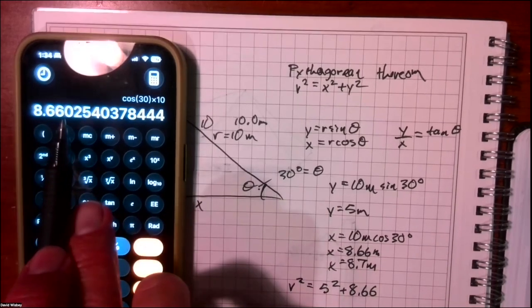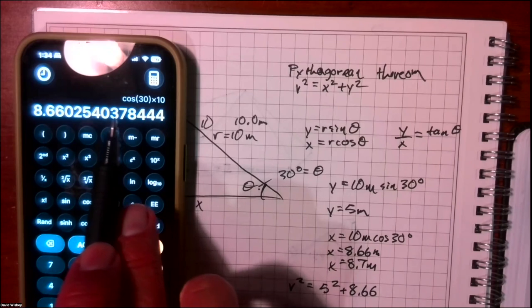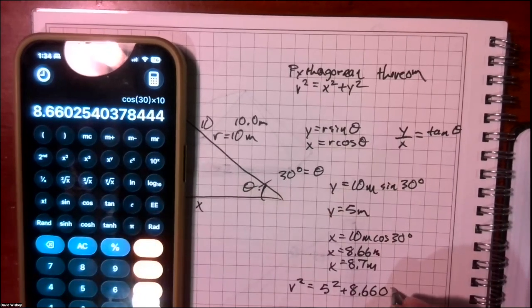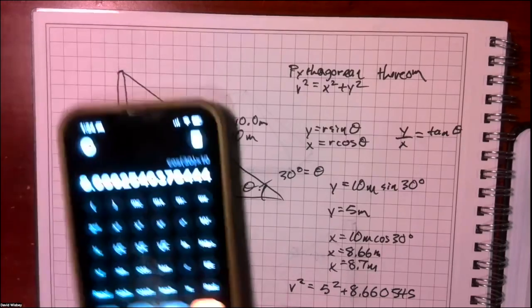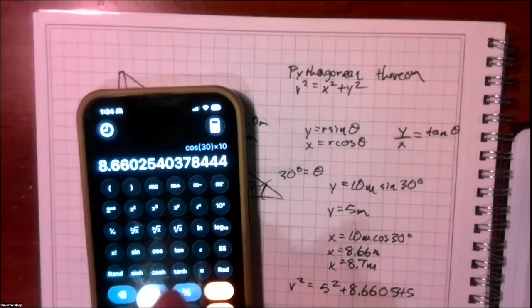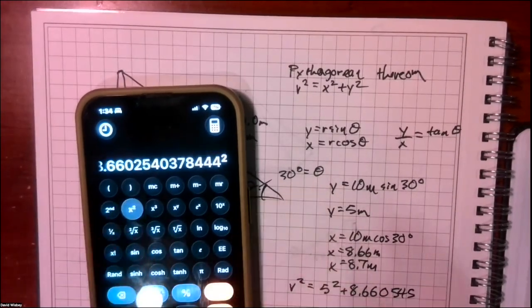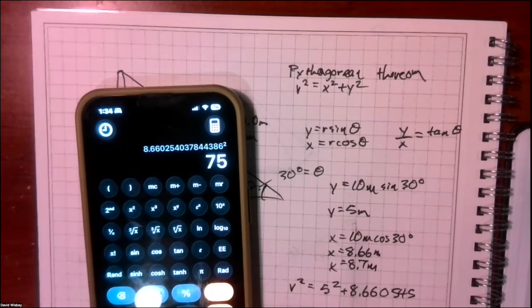When I do my calculations, you want to keep most of the digits if you can. Since I already have this on my calculator, I'm just going to square it. So it's 75.